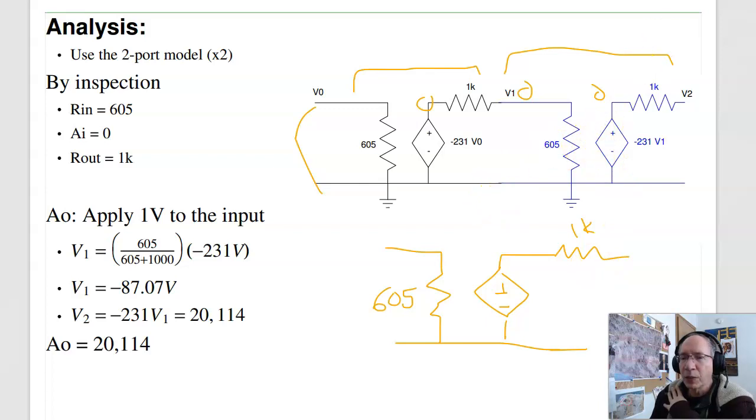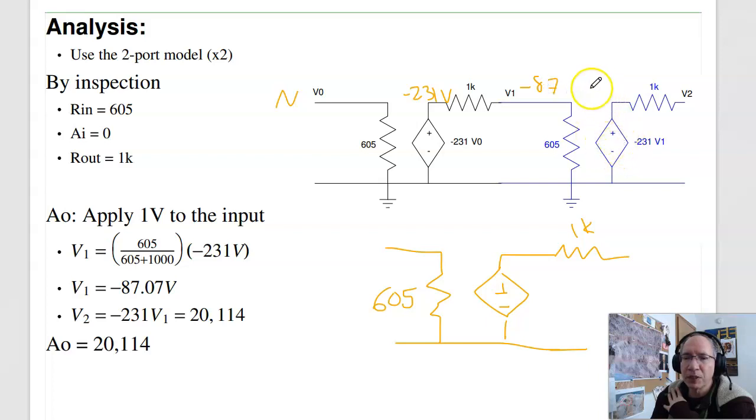The one you got to work for is the gain. So to find the gain, let's apply 1 volt at the input. This becomes minus 231 volts. By voltage division, 605 over 1K, voltage division here, times minus 231 volts, gives you minus 87 volts.